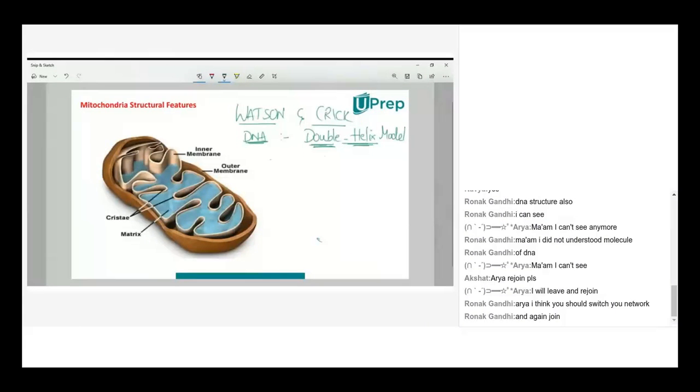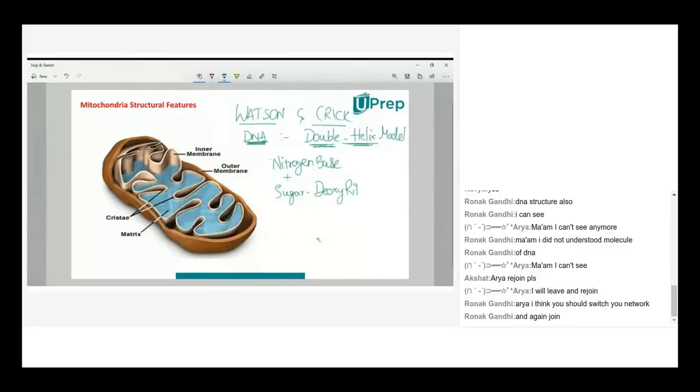Because we are calling it a molecule, you will have different components. Here, DNA, the name deoxyribonucleic acid, I am elaborating the name. You will have a nitrogen base. Then you have a sugar, which we call deoxyribose.